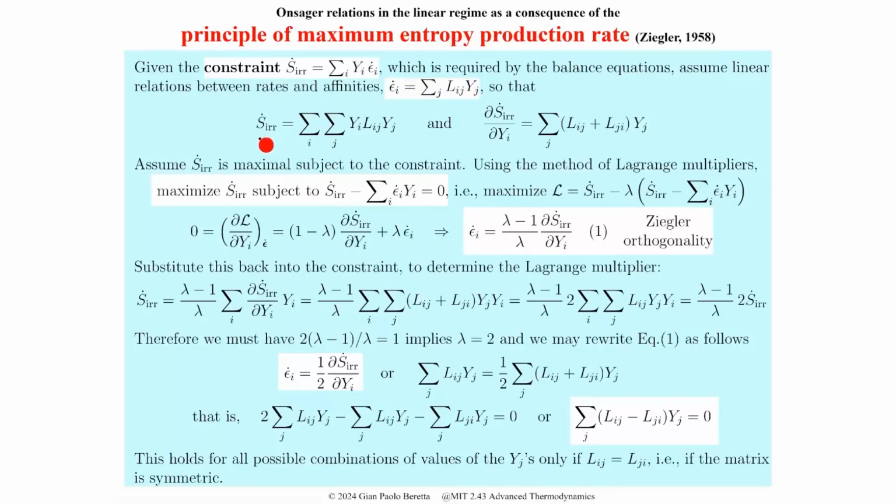That means that the entropy production is given by this quadratic form. And when we take the derivative with respect to the affinity, we have this expression here. Okay. Notice Lij and Lji.